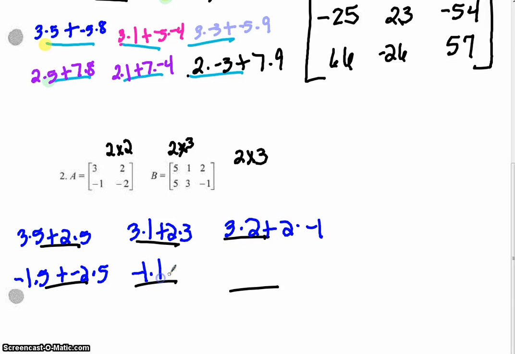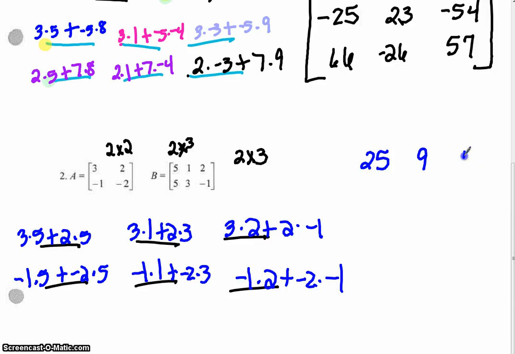Negative 1 times 1 plus negative 2 times 3. Negative 1 times 2 plus negative 2 times negative 1. You can either punch it in the calculator or do it in your head, your way. This is 15 plus 10, so we're going to have 25. 3 plus 6, you're going to have 9.